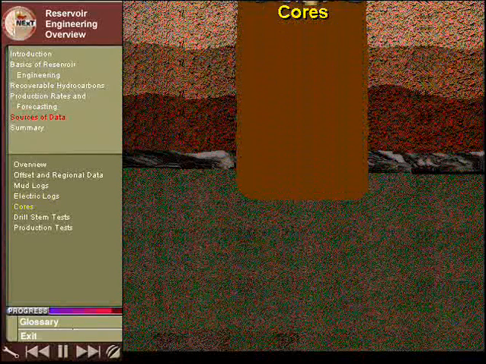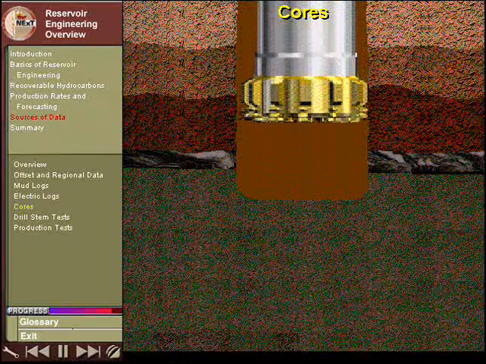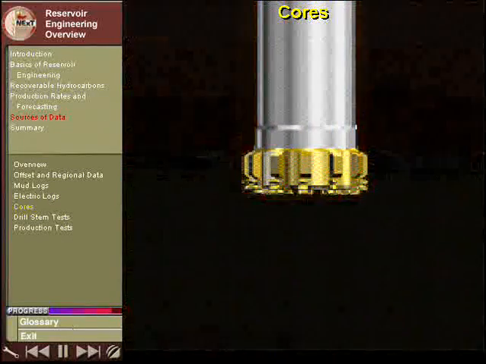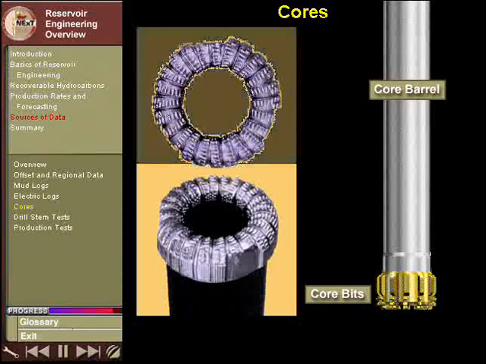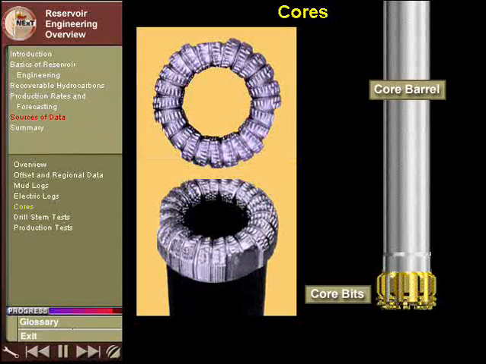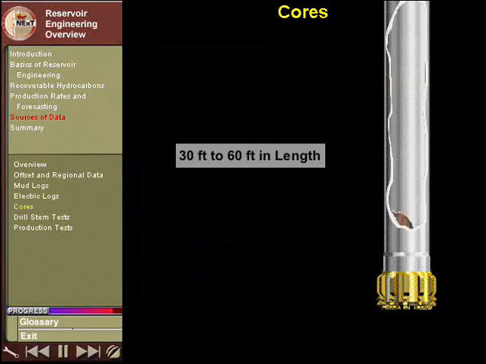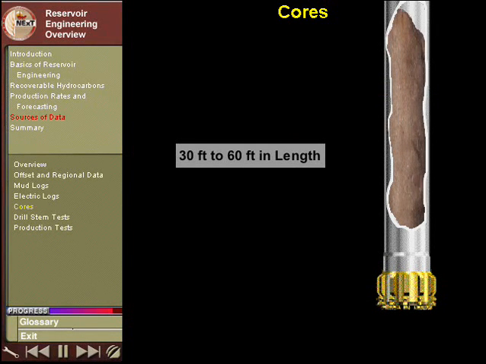We discussed how formation cuttings are used to provide information which form the basis of mud logs. Larger samples of downhole rock can be obtained by coring a well. A special bit is used to cut rock while the formation is being drilled. This resulting rock sample is called a core.